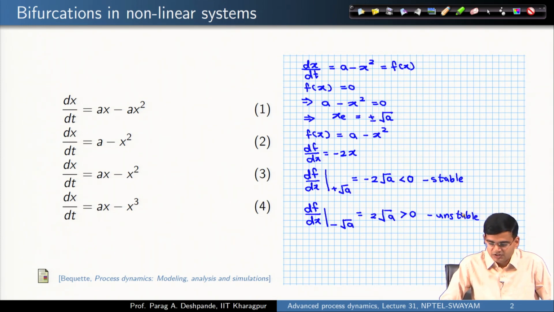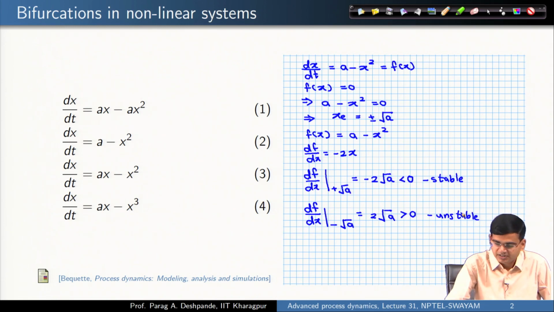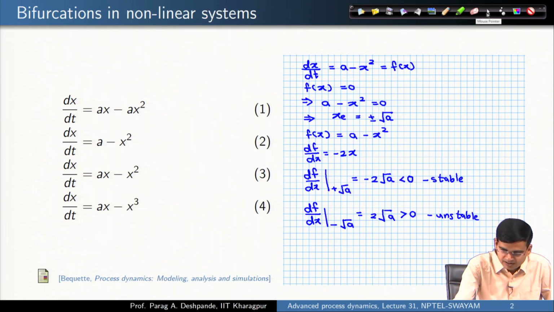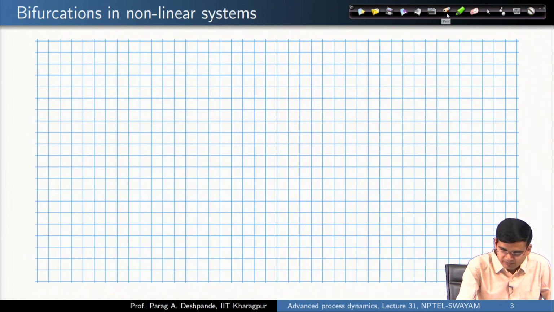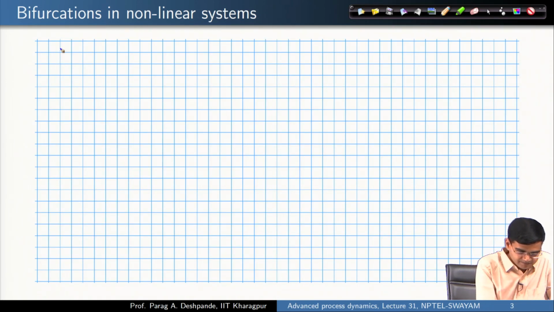So, how would I use this information to develop the bifurcation plot? So, my equation is dx by dt is equal to a minus x squared, from where I get x equilibrium is equal to plus or minus root a.